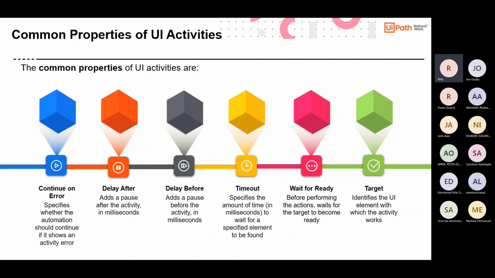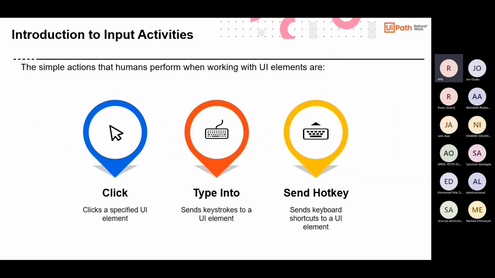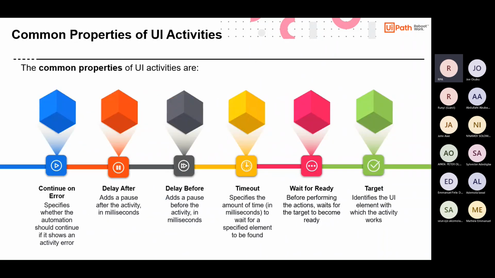Okay, so here we have the properties, the common properties of UI activities. Now, what you have on screen is 6 of them, 1, 2, 3, okay, 3 pairs.